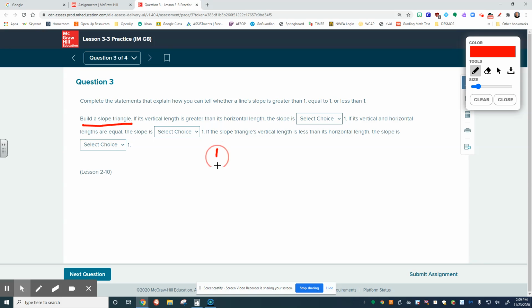If its vertical length is greater than its horizontal length, remember these are right triangles, so let's maybe call that one 3 and that one 5. Then the slope is what? Is it greater than 1, equal to 1, or less than 1? Well, the slope is equal to the change in y over the change in x, which means the slope with this should be 5/3.